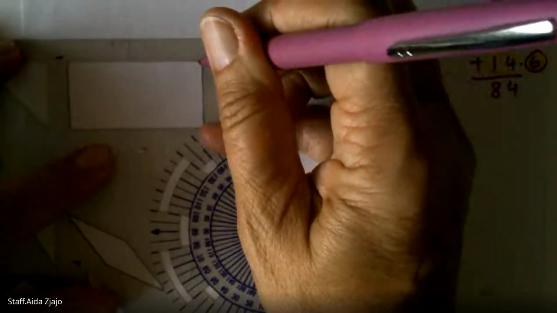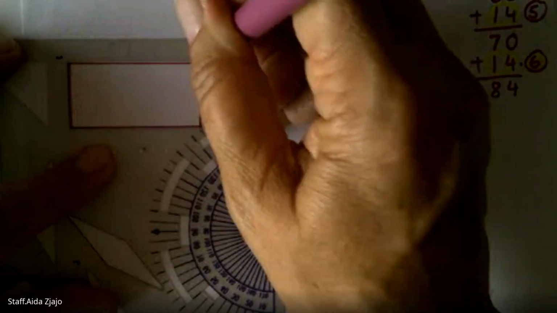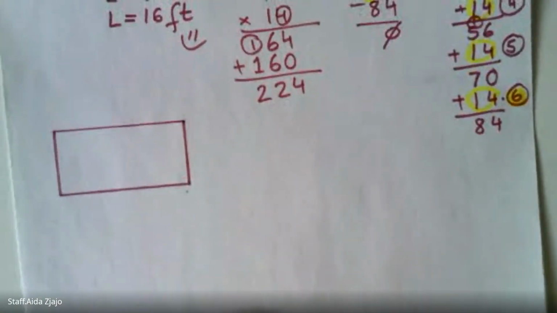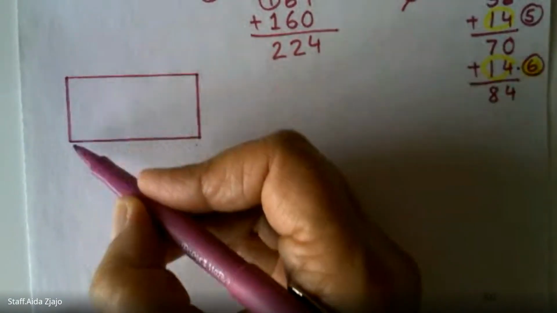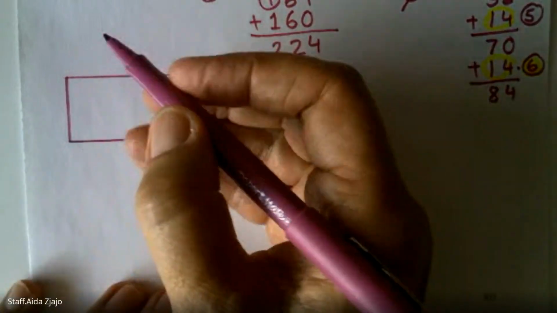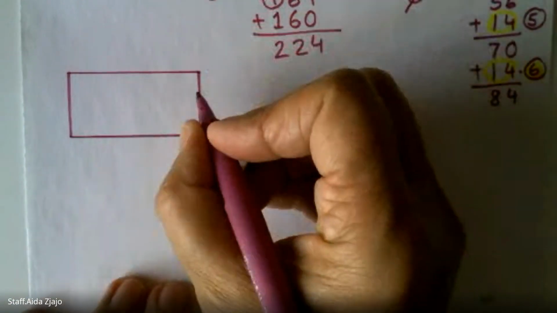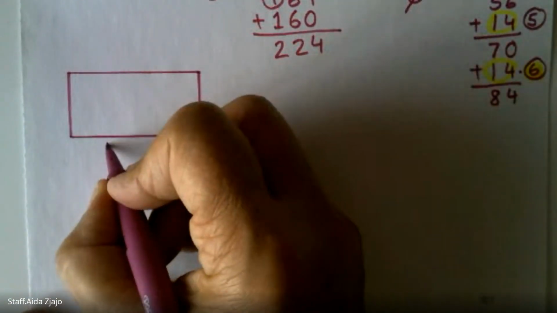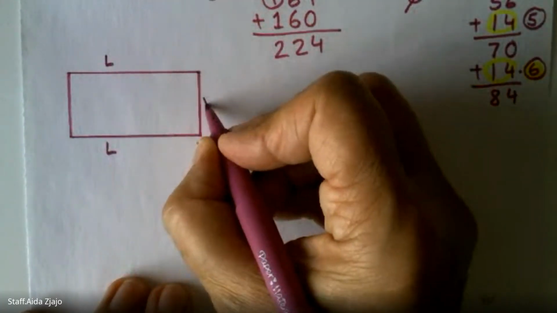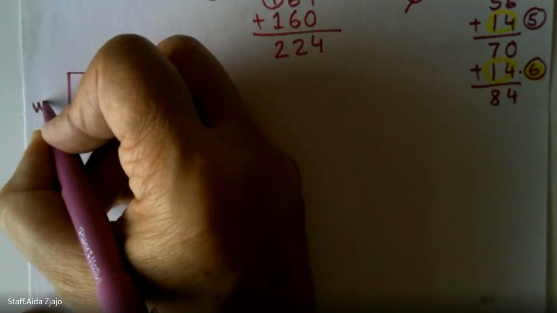To find perimeter, guys, you have to add all the lengths around the room. So you will have 2 lengths, and you will have 2 widths.